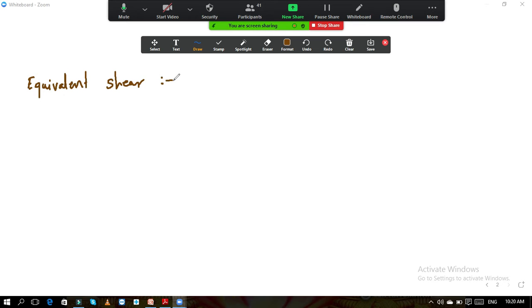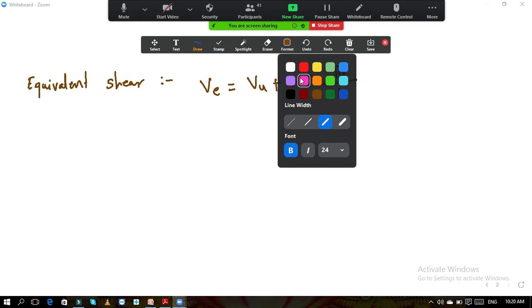But in the case of equivalent shear, the formula is Ve equal to Vu plus 1.6 Tu upon b.